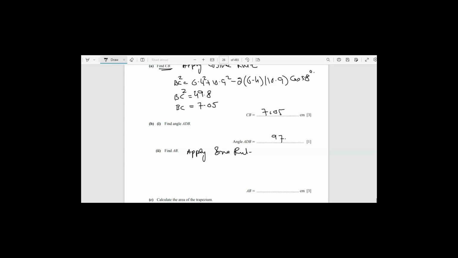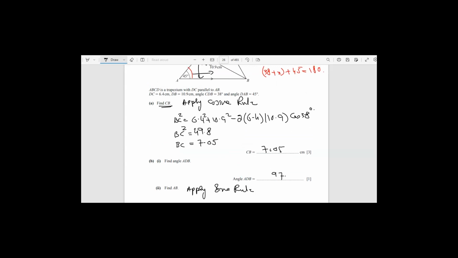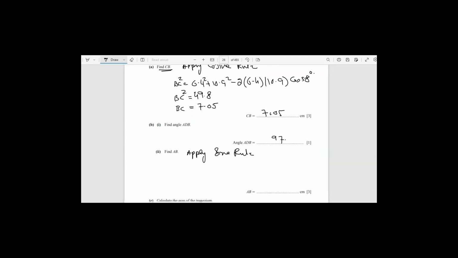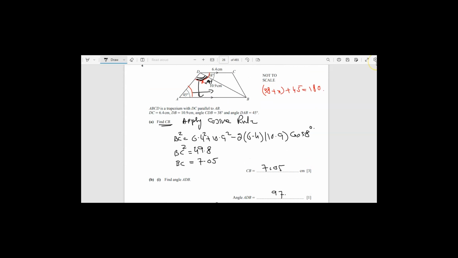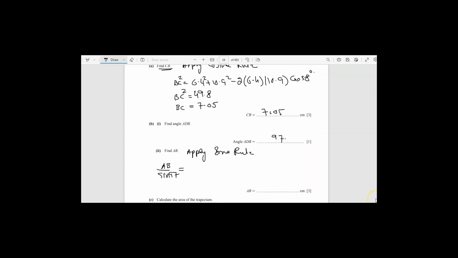If you apply the sine rule, AB divided by sine 97 equals, and the other one is 10.9 divided by sine 45.